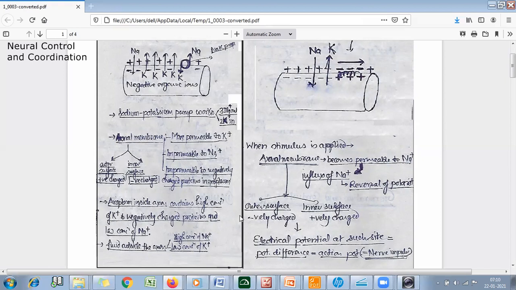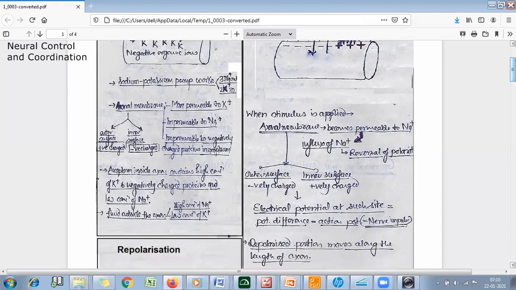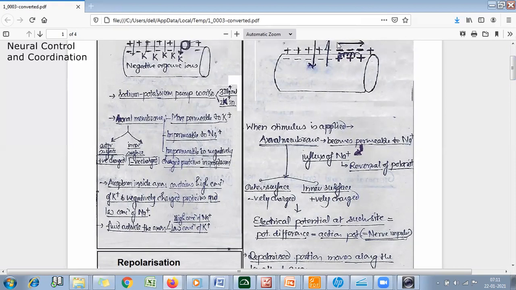So now the outer surface will be negatively charged and the inner surface positively charged, just the reverse of the resting state. Now the electrical potential at such a site will be created due to the potential difference. Due to reversal of the polarity, the action potential will be created, and this will be the nerve impulse.